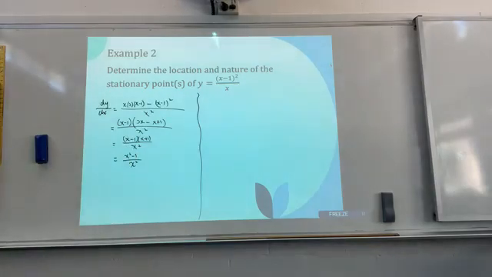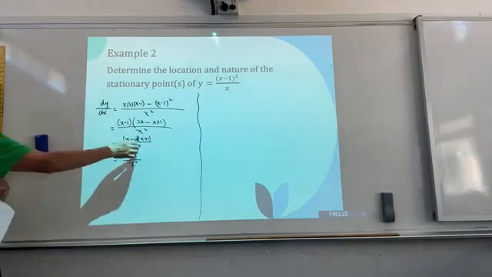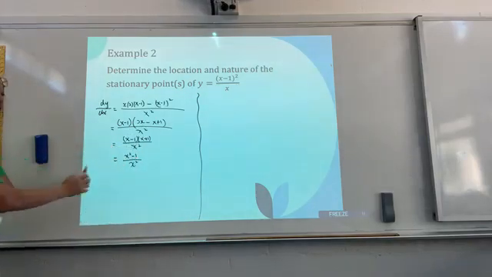When you're doing the second derivative, think about a situation like this. Perhaps sometimes it's easier if you actually expand it, and you've got x squared minus 1 as the numerator.